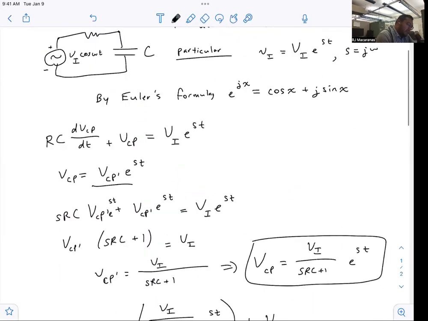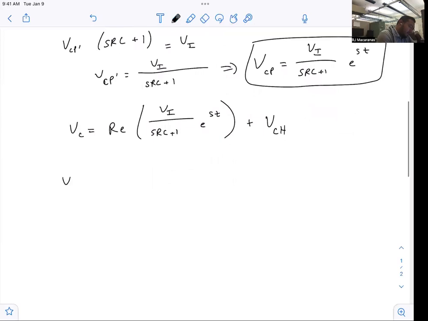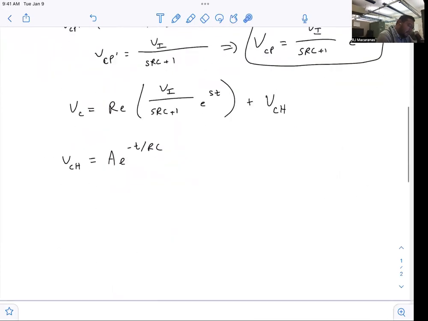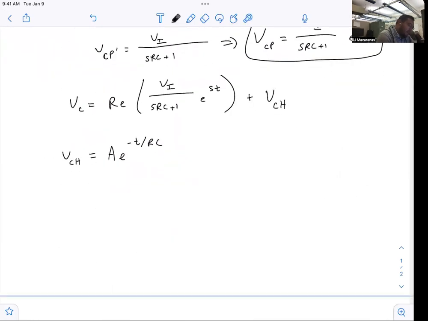And I'm going to tell you right now, we had this homogeneous solution, it was of this form. And when we're looking at the steady state, we take the limit as time goes to infinity, so the time term usually dies out. And that's going to just give us 0. You've got that minus t, so t is going down, this whole thing is going to 0. So what we're left with is the real part.